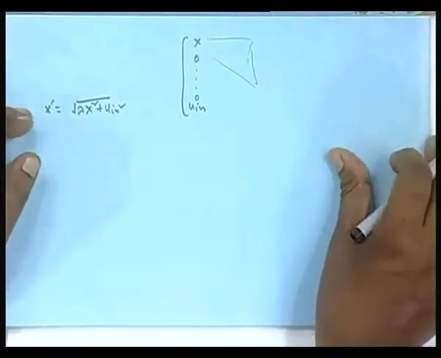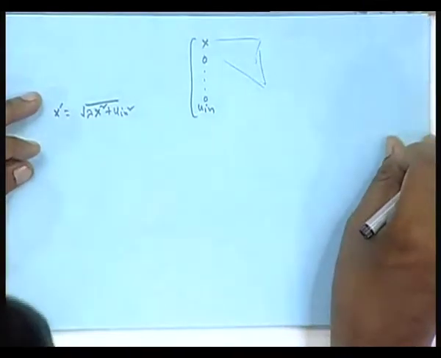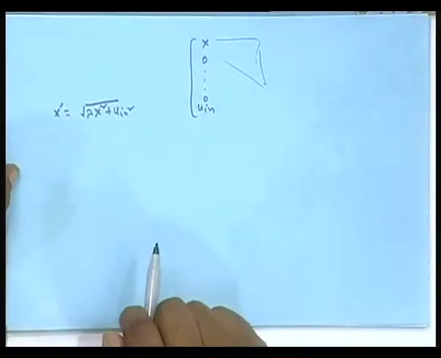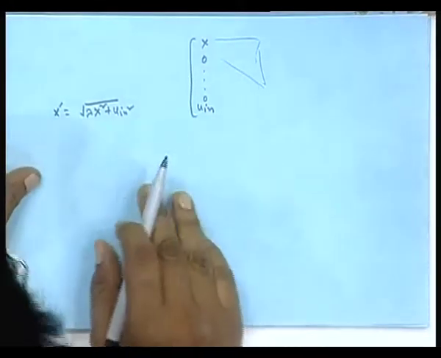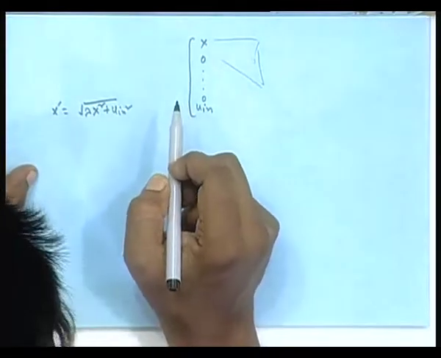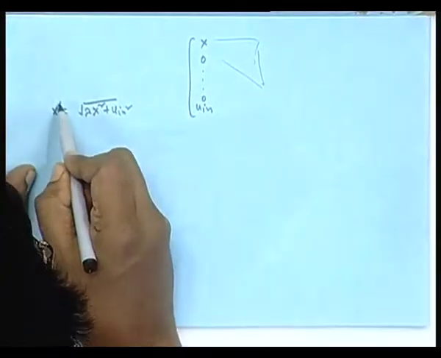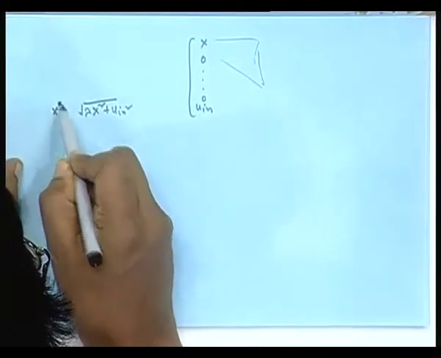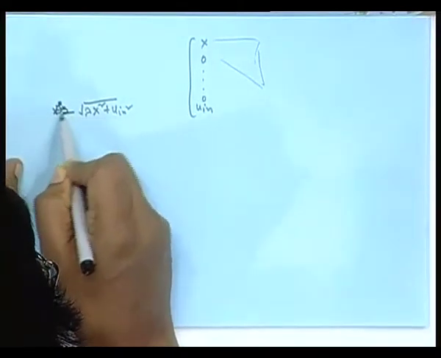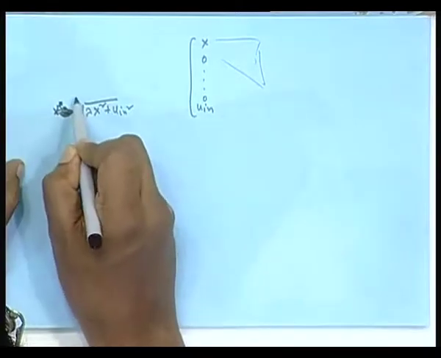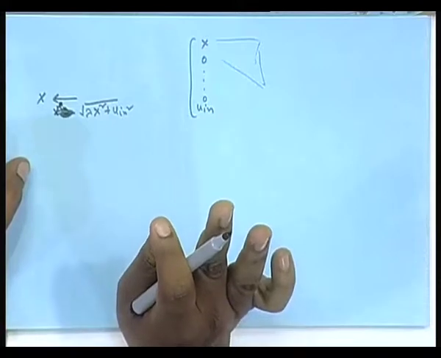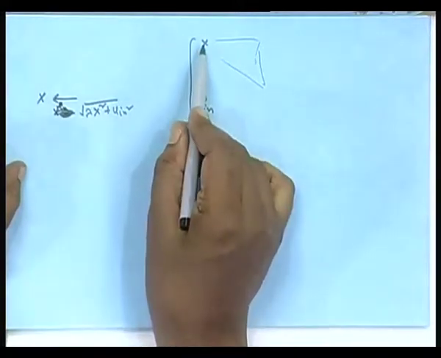When it is not, you find out x prime, this is a length. Then, let me say that you consider this instead of x, this goes for x, not x prime. Earlier it was x, x is to be replaced by this.